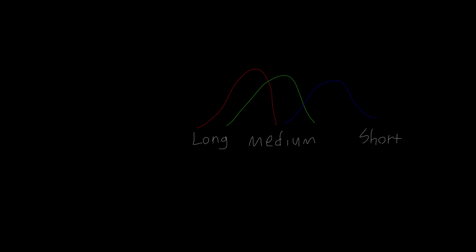So you have 3 types of cone cells. Well, almost everybody does. Long, medium, and short, or red, green, and blue. Now, red is attributed to almost exclusively long wavelengths. Green is medium, but has a pretty good range.